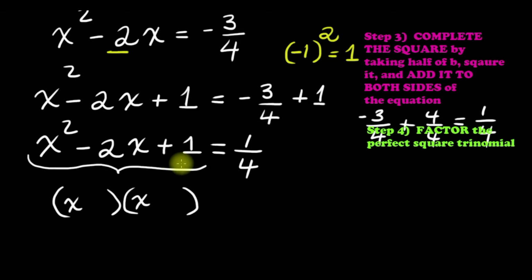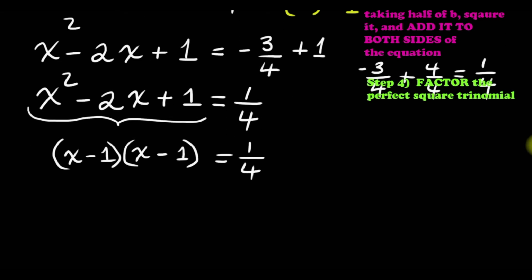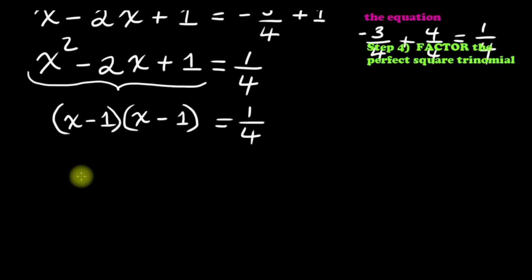We need factors of 1, 2 numbers multiplied to get 1, but when you add those 2 numbers, it comes out to negative 2, so we're going to need a negative 1 and then a negative 1, equals 1 over 4. And then I'm going to rewrite this as x take away 1, squared, equals 1 over 4.